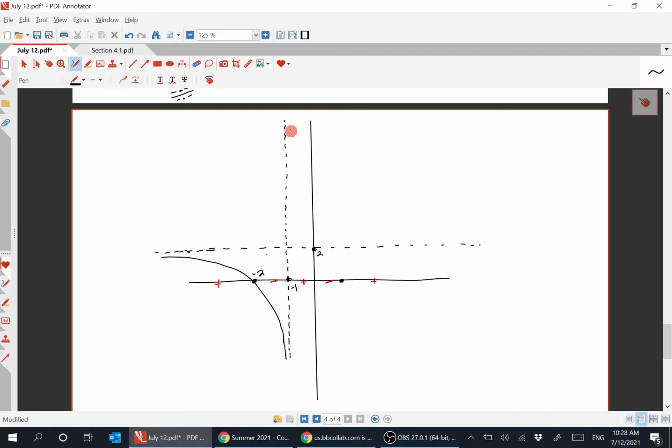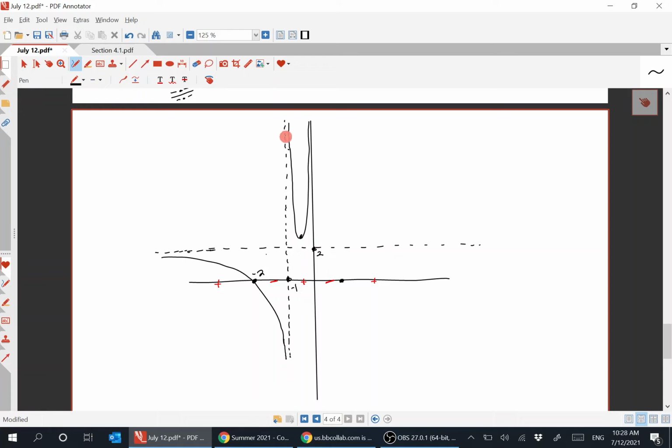Okay, vertical asymptote here, and it's positive. So the only thing really that can happen is something like this. There's definitely something in this feature here. There's got to be a local minimum.